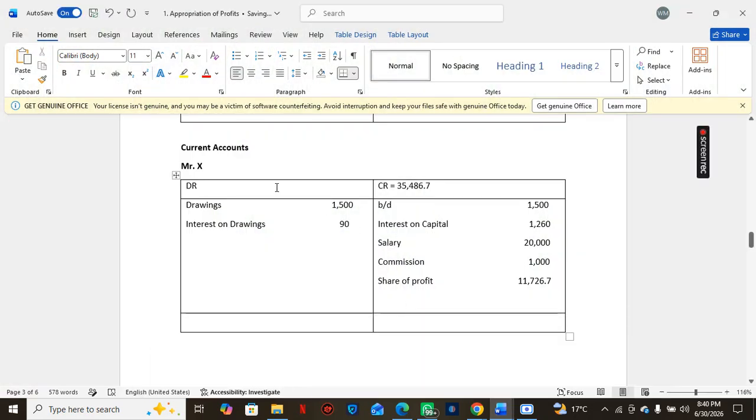Okay, then on the debit side, the total is 1,590. So the balance carried down will always be on the lower side.